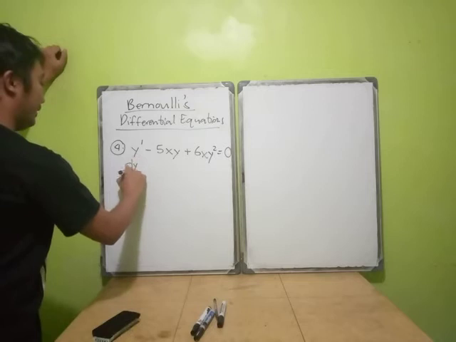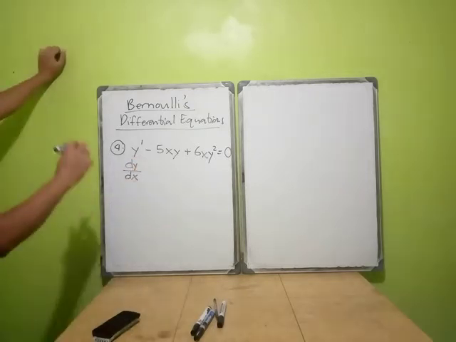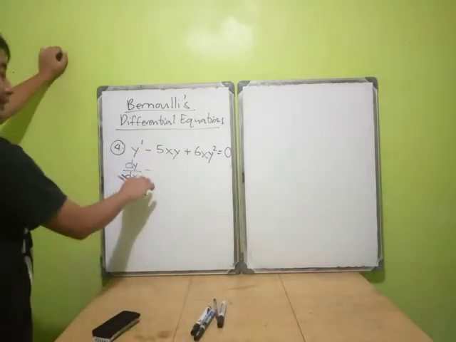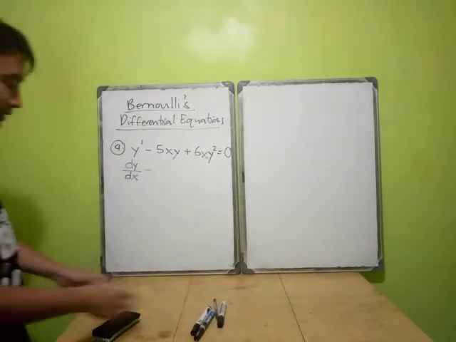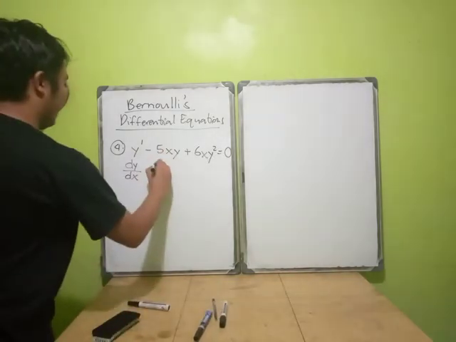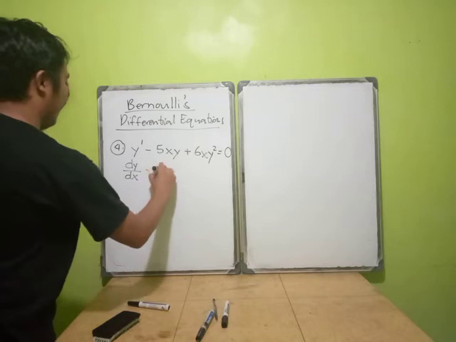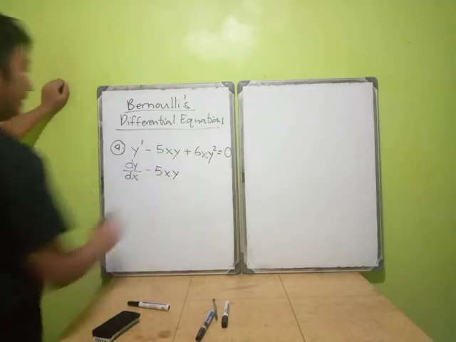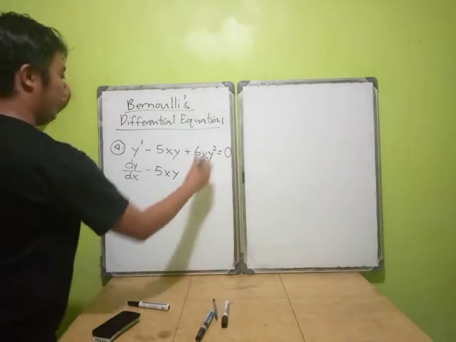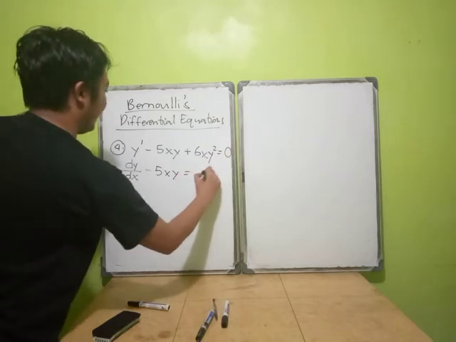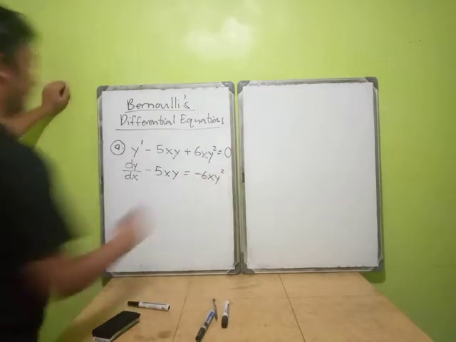Okay, so, dy over dx. Okay? This is equivalent to dy over dx minus, okay, minus 5xy. Okay? What if ilipat natin dun sa kabila? Magiging 6xy squared. Okay?